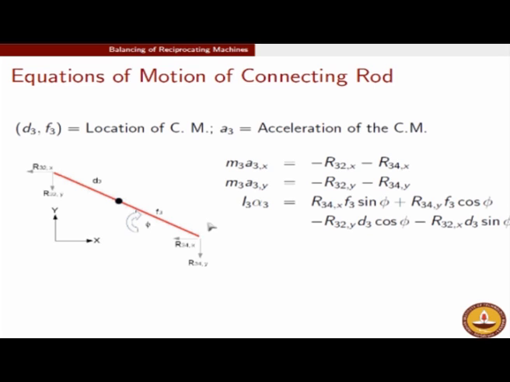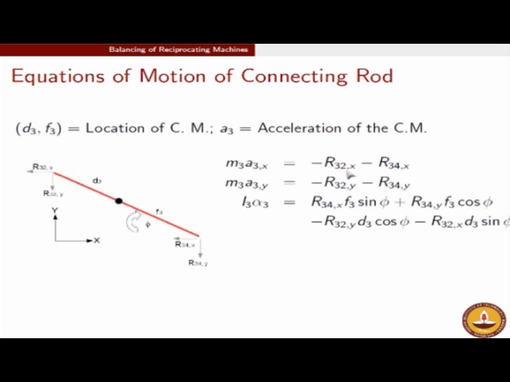So just in a similar fashion we draw the free body diagram only of the connecting rod. So again, mass times acceleration of the connecting rod in the x direction should be equal to the sum of all forces in the x direction. This time there are two forces in the x direction, R34,x and R32,x.